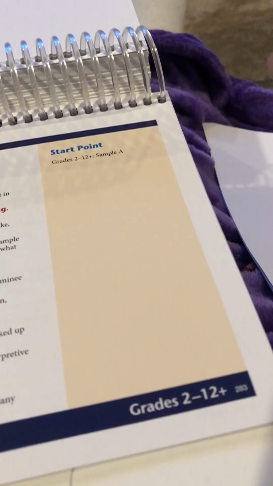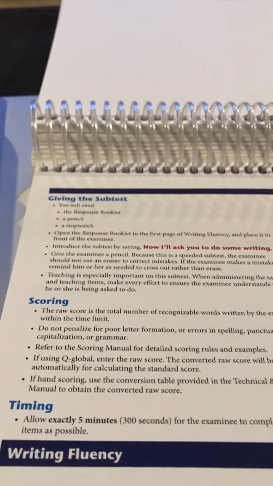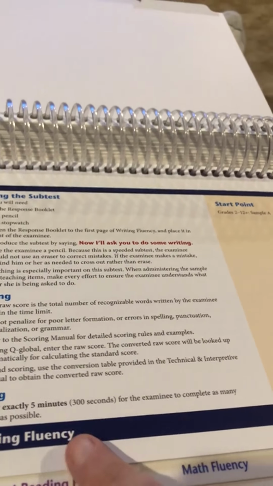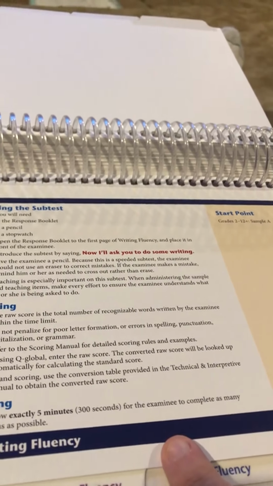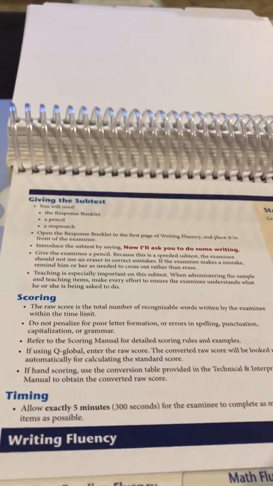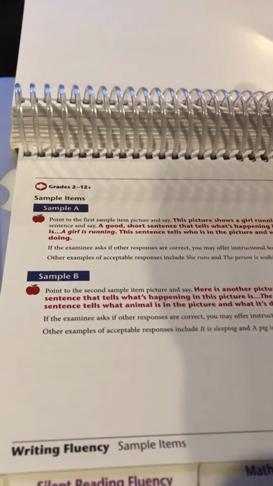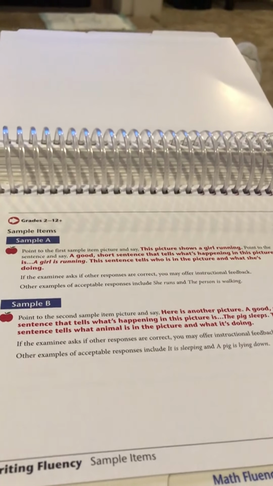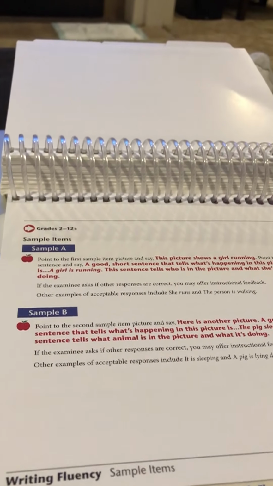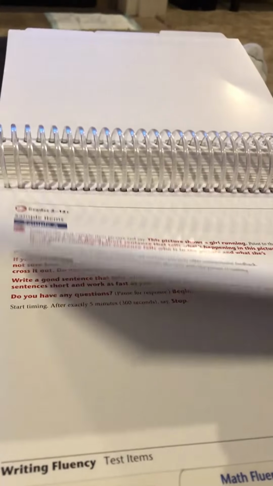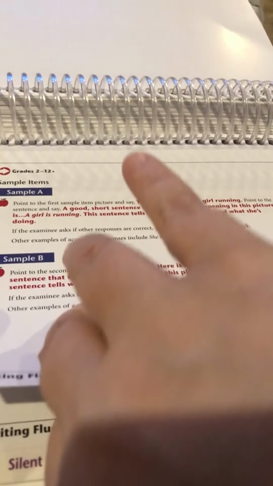The other thing that's important here is you need a stopwatch because they are given 5 minutes for them to complete as many as they can. And basically they have pictures and they're to write a sentence about each picture and complete as many as they can in 5 minutes if they are in 2nd grade and above.